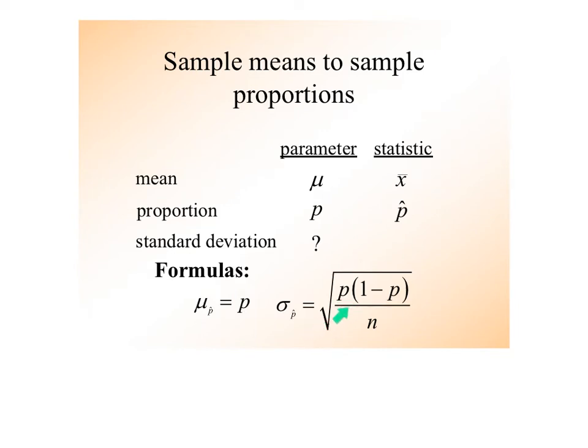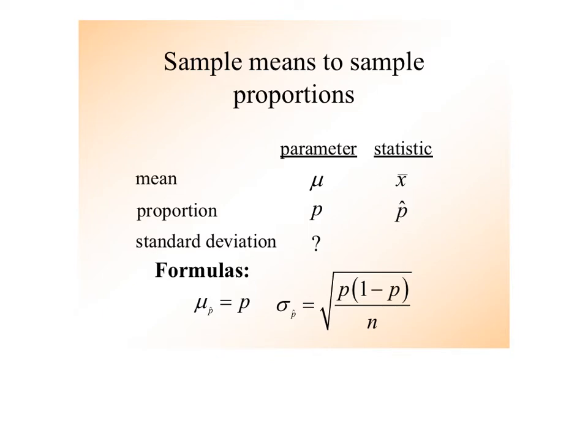We have to use that to add and subtract to find an upper and a lower bound. But instead of p, because this is what we're trying to estimate, we're trying to estimate the parameter, we're going to be using the symbol p hat, which I'll show you in the next slide, and you'll see the change there.